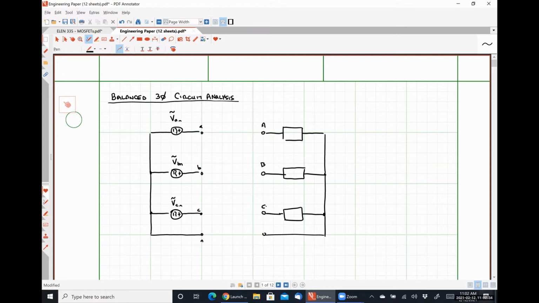Capital B, C, and capital N. And we are going to connect our source to our load using transmission lines. And our lines will have some associated impedance.